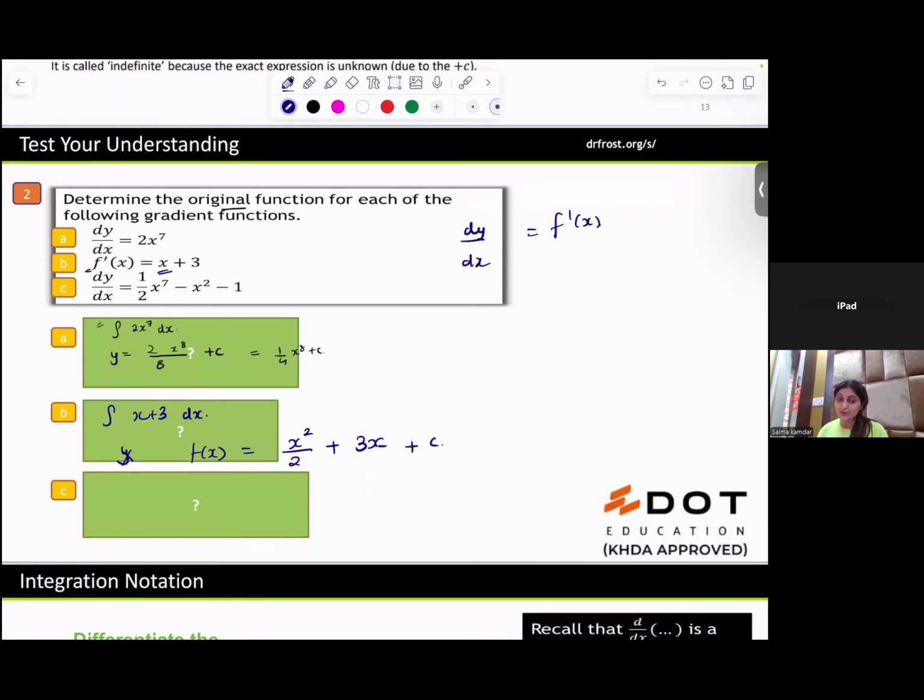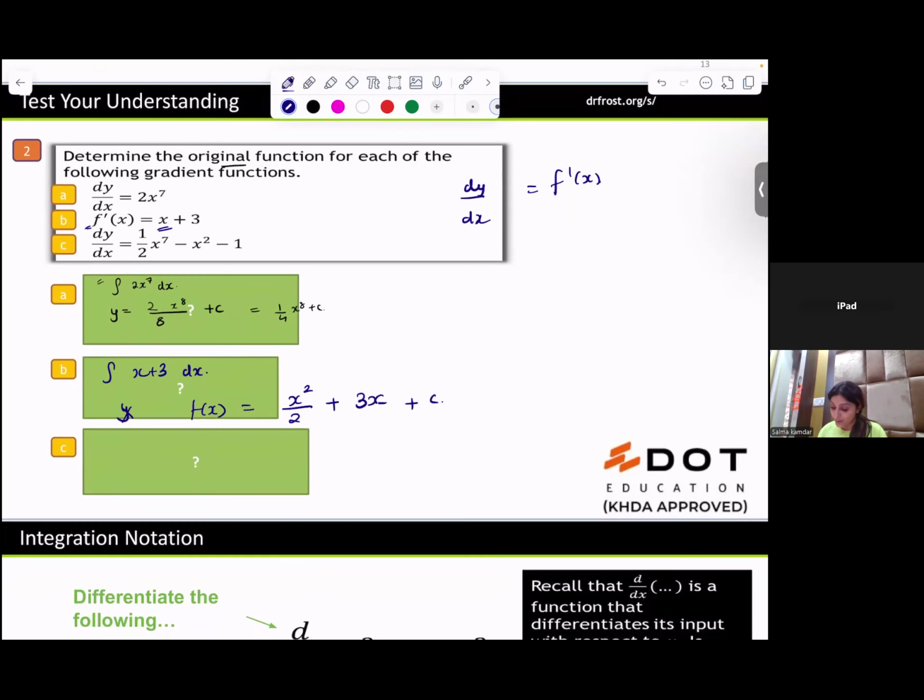First, you always have to check whether your given equation is in the indices form. It's in the index form. If it's not in the index form, always get it to the index form. Now we are doing the C part. That means we're integrating with respect to x.